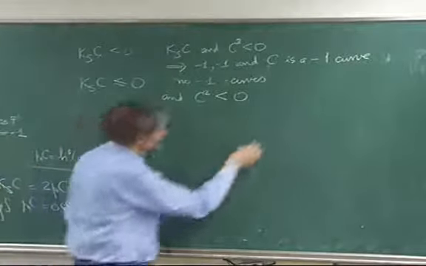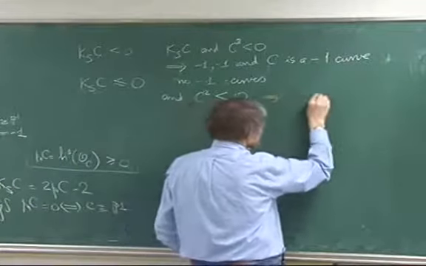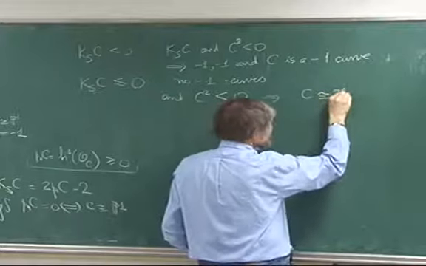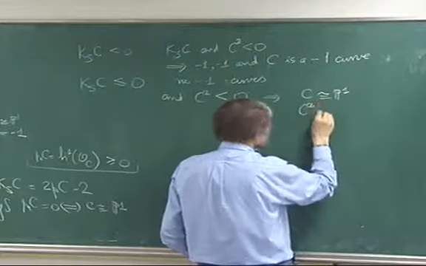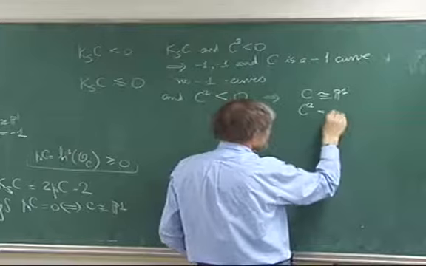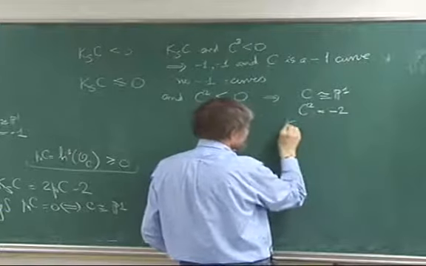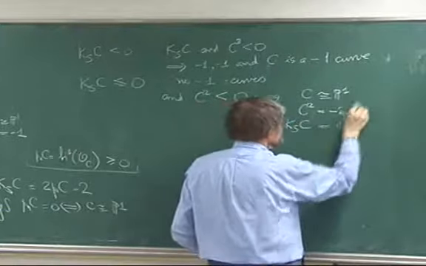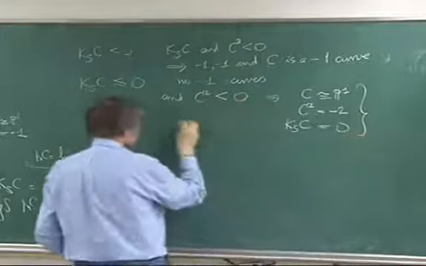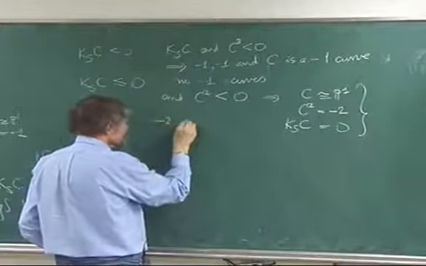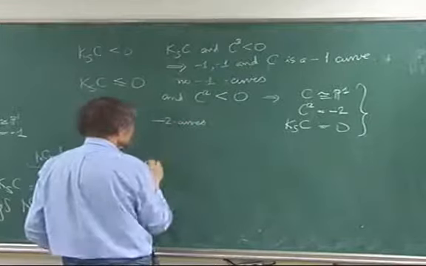And so again, the only possibility is that C is isomorphic to P1, C squared is equal to -2, and Ks times C is 0. Right? So these guys are called -2 curves. And they're very important.